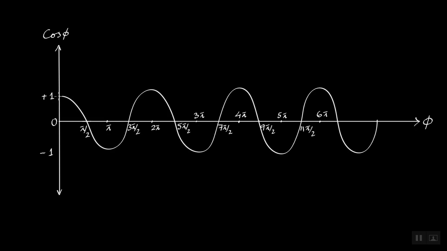So it has maximum value plus 1 and minimum value minus 1. So where is it maximum? It is maximum when the angle phi is 0. That means it is plus 1 at 0, at 2 pi, at 4 pi, at 6 pi, and so forth. So when cos phi is maximum, that is when the intensity will be maximum. Similarly, when cos phi is minimum, that means minus 1, that is when the intensity will be minimum.